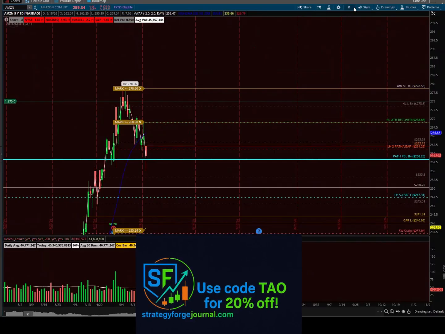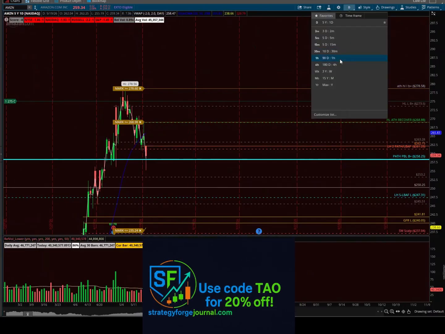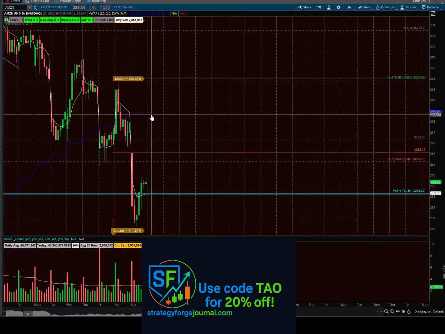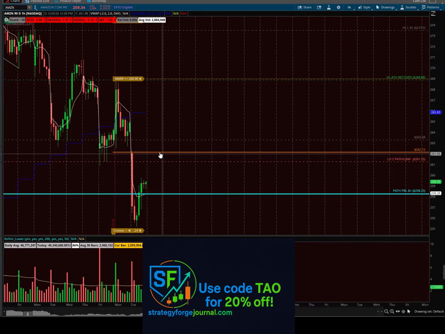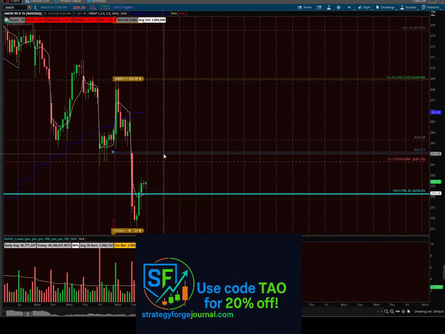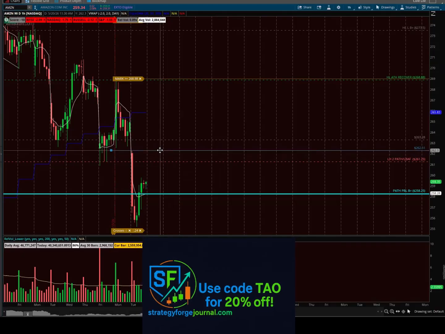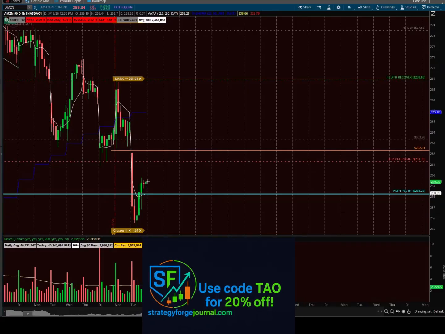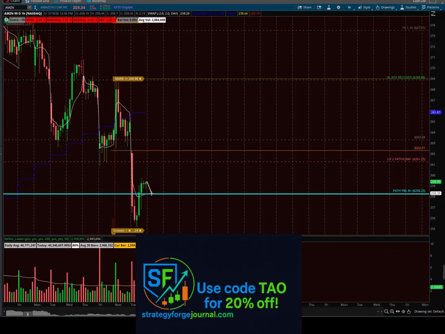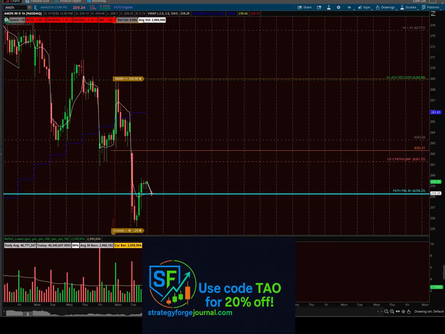Let me just double check the levels that we have, see if there needs to be any updating here. There's a tiny gap left from today. So if this works out as the higher low, what will it look like? It'd probably look something like this if we opened in the same spot tomorrow.